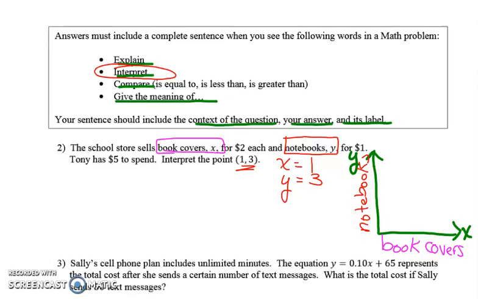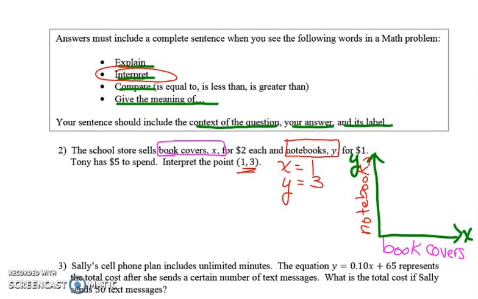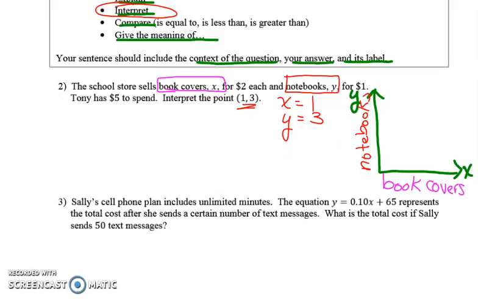So we need to write out our answer. Well, who are we talking about? Yeah, Tony. And what about Tony? He has to spend $5, but what did he do? Tony, how about bought? Because he's spending money. Bought. Now let's look at our X value.